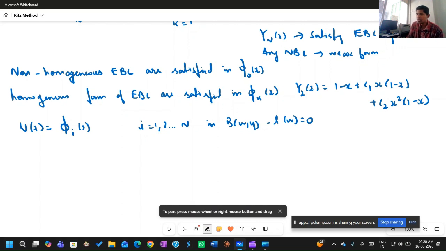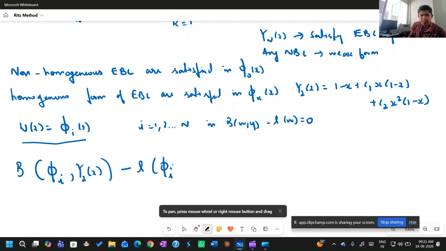So we can replace the bilinear functional term B of w, y with B of phi i comma y, where y is replaced by the approximate function y2 of x, minus L of phi i equal to 0.